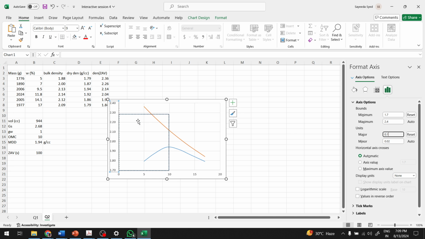Okay, 0.2. So this is the zero air void line, and as you can see, it does not intersect the compaction curve because in actuality you cannot have zero air voids. Okay, so we can see all the plots.